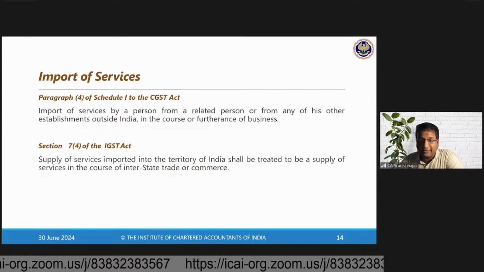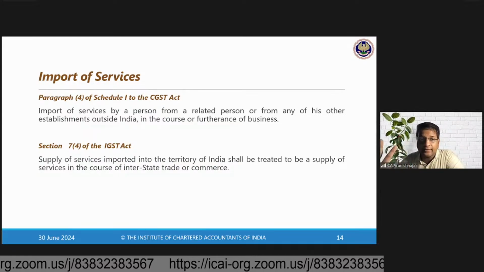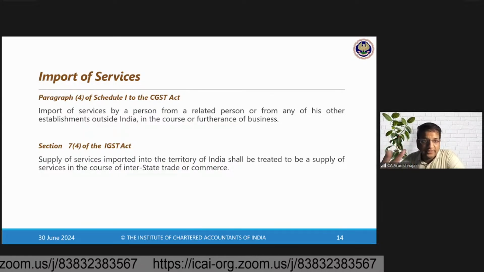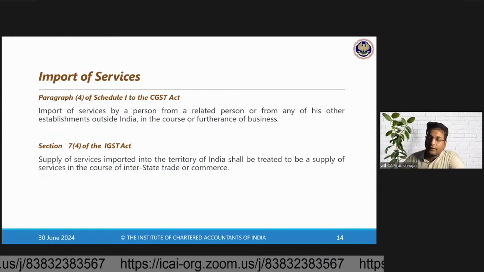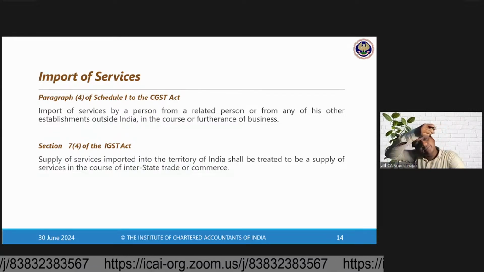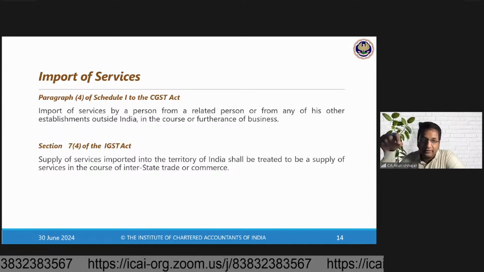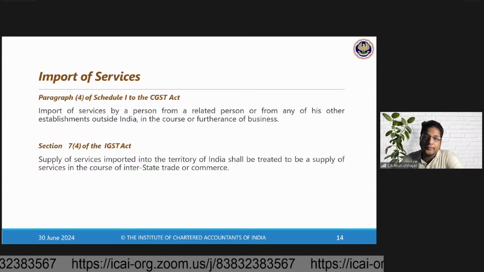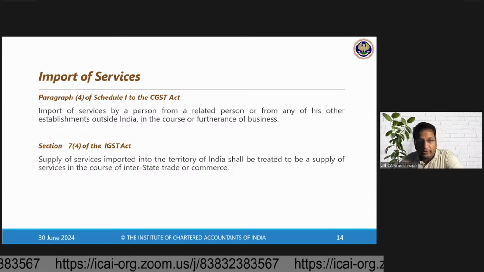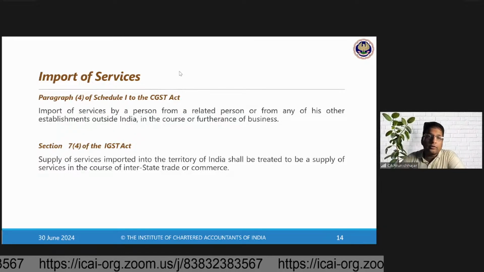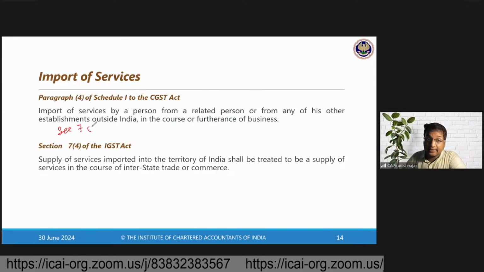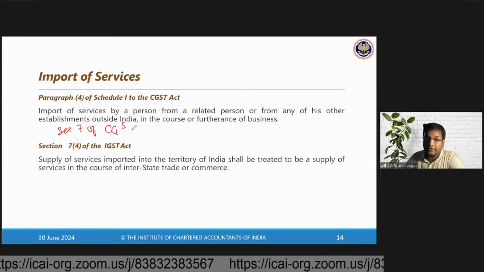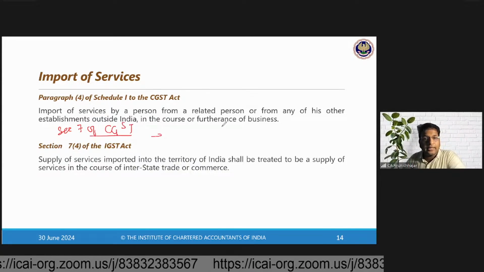Import of service, I have talked about that there are three conditions for import of service. But for import of service, you need to again go to Section 7 as well as Schedule 1. So Section 7 of the CGST Act, which talks about the definition of supply. Correct.